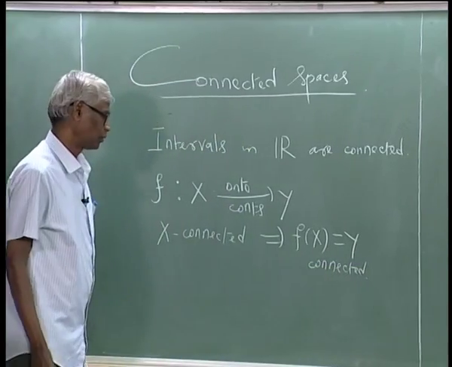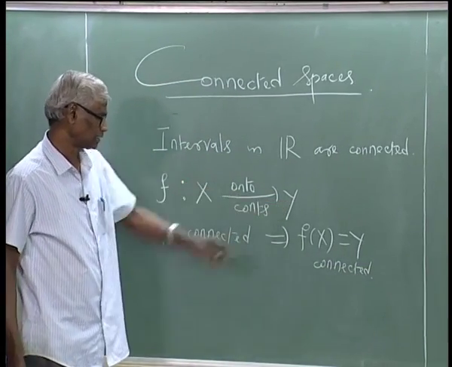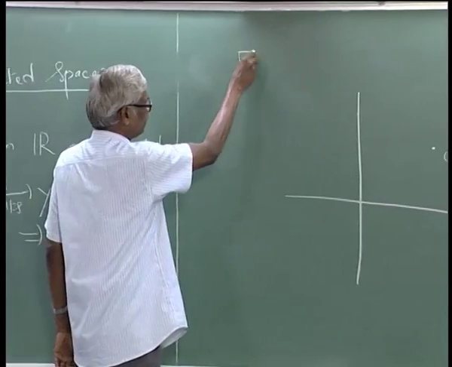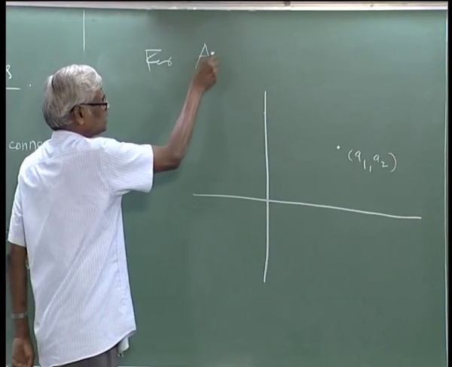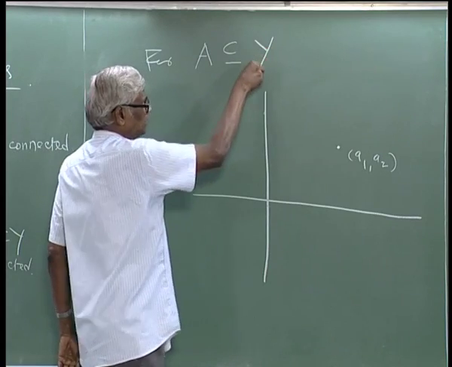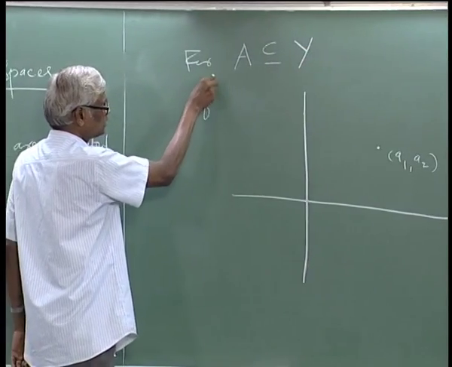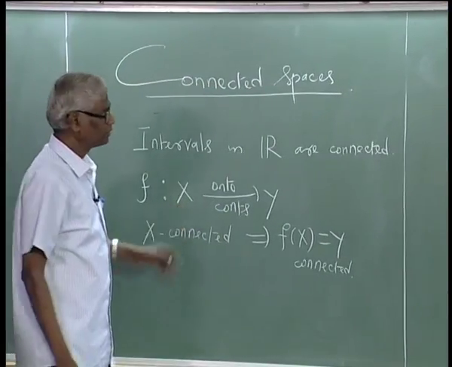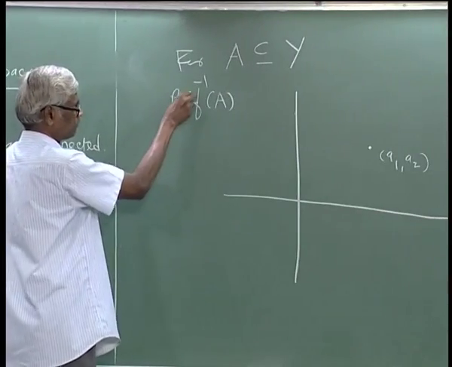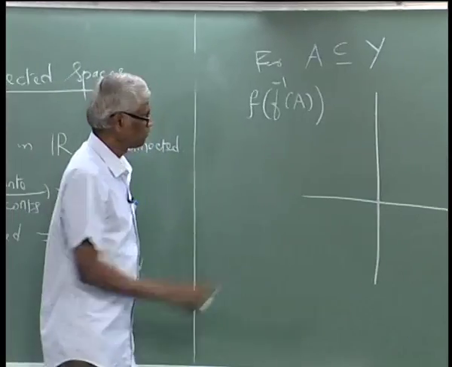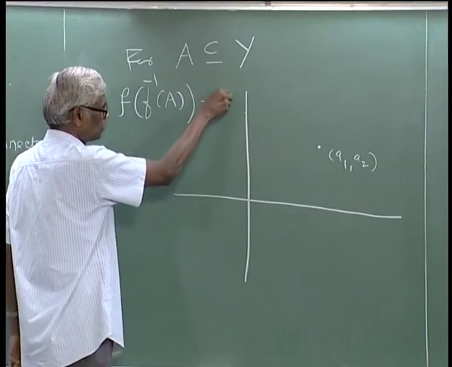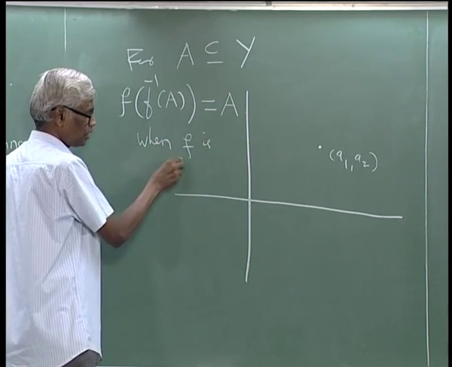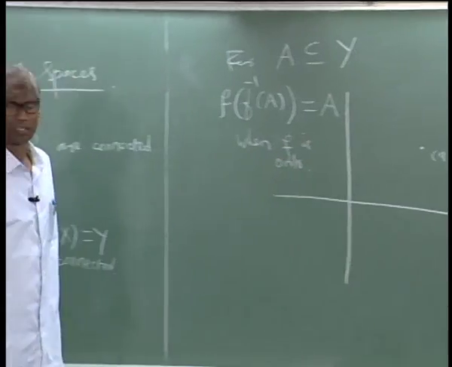What is to be noted is, in case the map is onto, if you take any A subset of Y, f inverse A is a subset of the domain, and then f of f inverse of A will be equal to A when f is onto. That is, when f is surjective.